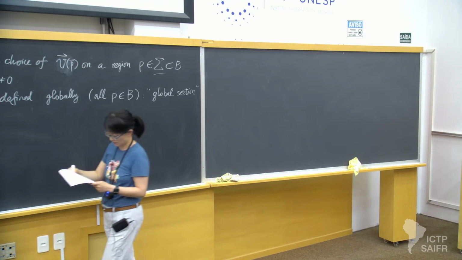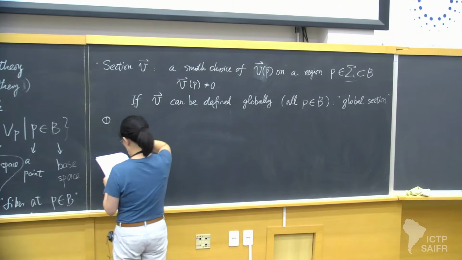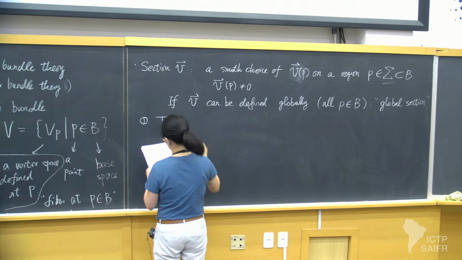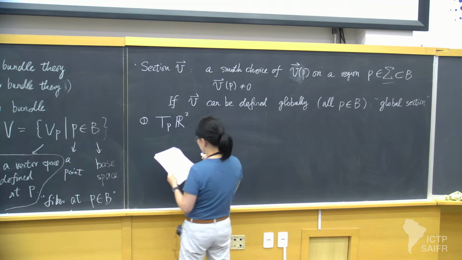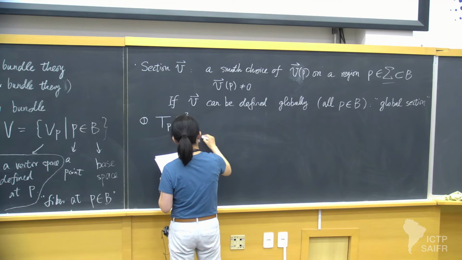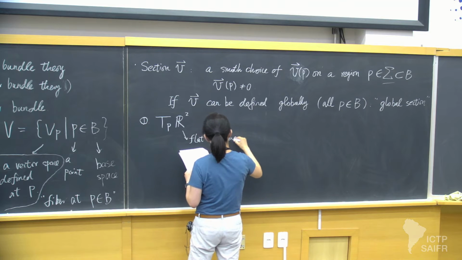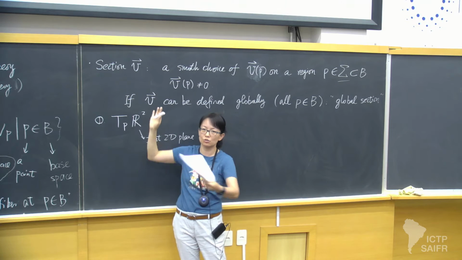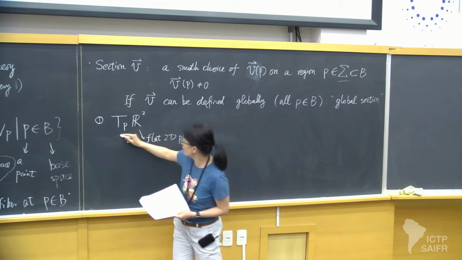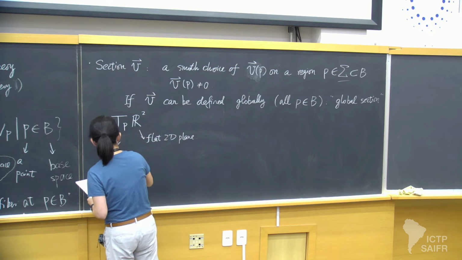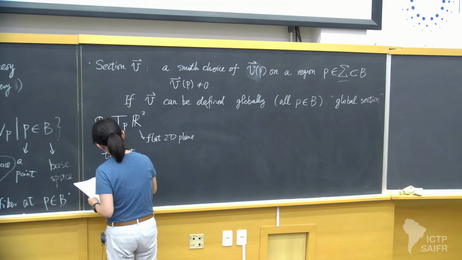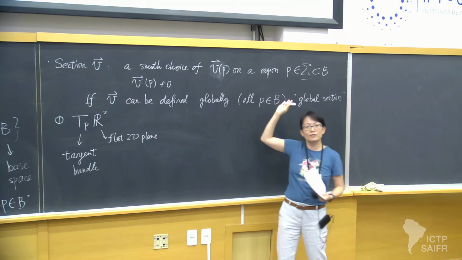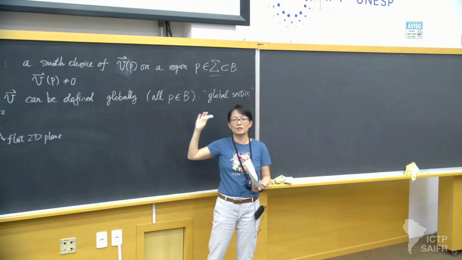Let me give you a few examples. The first example is a simple one, which is the tangent bundle of real two-dimensional space. So this is just a flat space, flat 2D plane. So this R means real. So you have two real numbers that you can use to label the 2D flat plane, okay? And this T means tangent bundle. So here it's like I just think of this blackboard as my flat 2D plane, right?